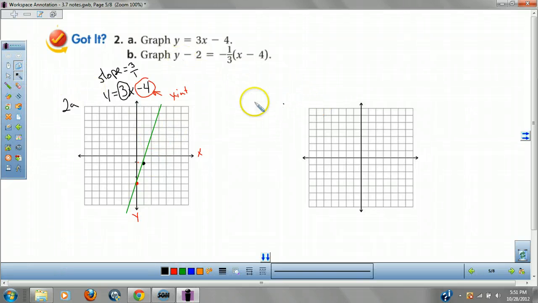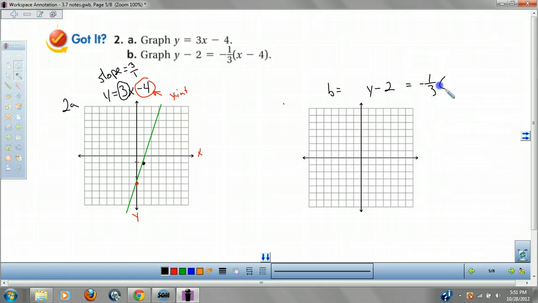Okay, let's take a look at this guy. Now B is in my point slope form, which means, according to this, I have the point 2, -2 on the graph. So that's going to be my starting point. Be careful, those are opposite.